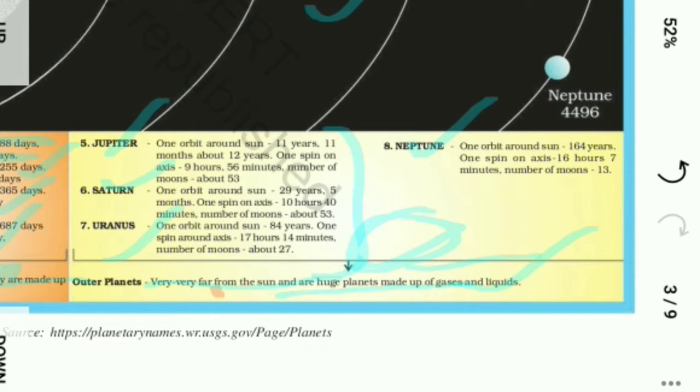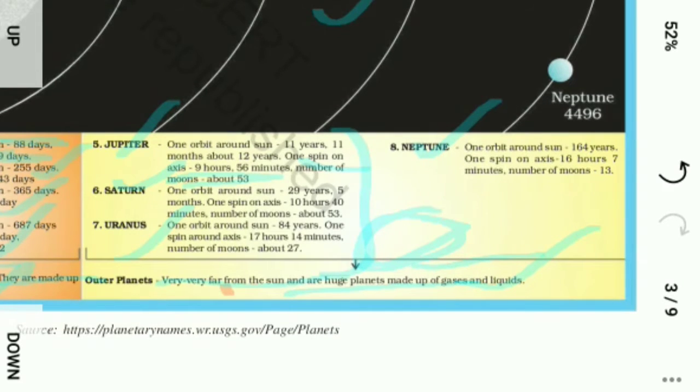moons? While we look at Jupiter, we have 53 moons, and Saturn again has 53 moons. So the maximum number of moons are present in Jupiter and Saturn.